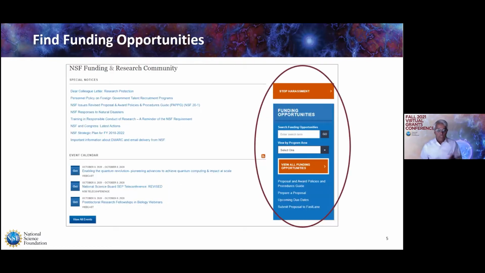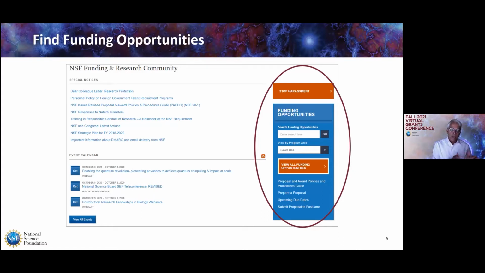So this is drilling into that page a little bit more. You can go in and search for funding opportunities either by the name or the theme of what you're looking for from a program area. You can also do a regular keyword search, like you were doing a Google search inside that search box.